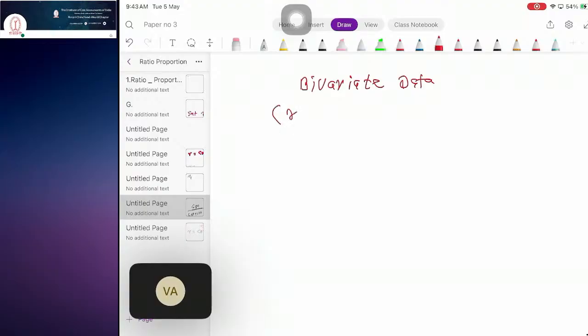They are shown as x1 y1, x2 y2, and so on up to xn yn. There may be multiple variables interrelated, but we are only talking about bivariate data. Bi means दोन, म्हणून दोन variables आहे, is the bivariate data concept.